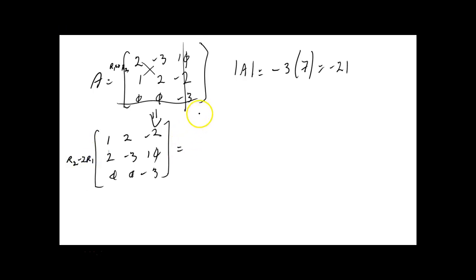And what's that going to do to the determinant? Nothing. Remember, that's the operation that doesn't change the determinant at all. Exchanging two rows negated. This doesn't do a thing. So 1, 2, negative 2, and we're going to leave 0, 0, negative 3 there. And then what's your new row 2?